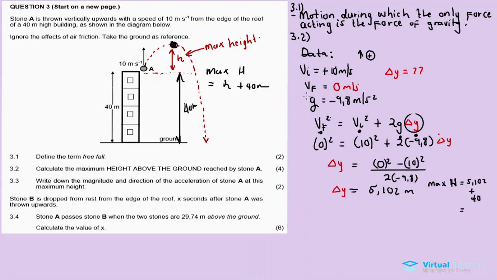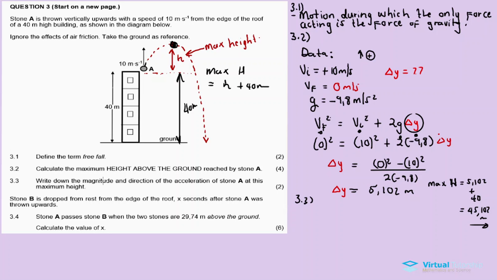It is 45.102. There was no need for me to calculate, but anyway, nice. It's 45.102 meters. Yes, that's 3.3.